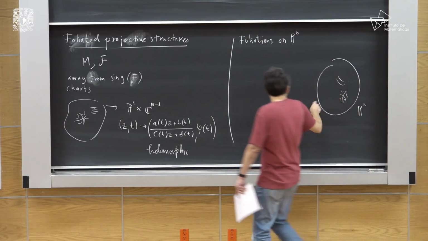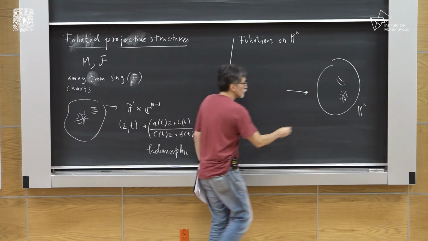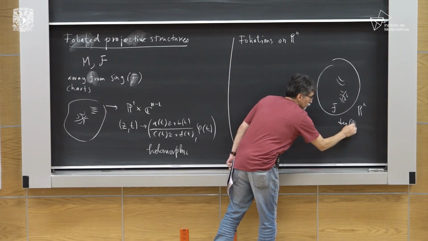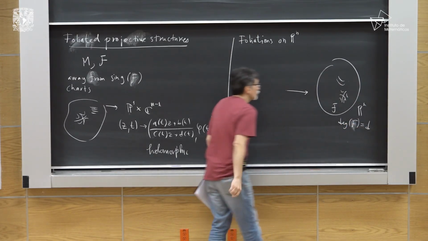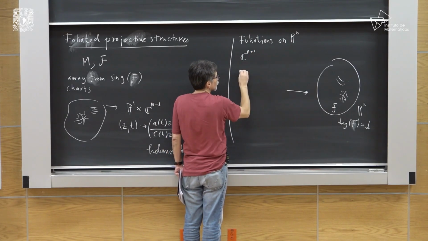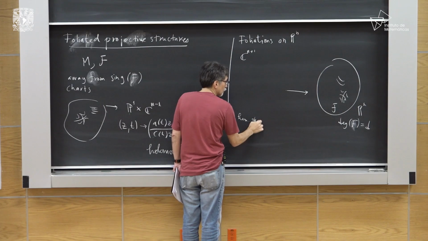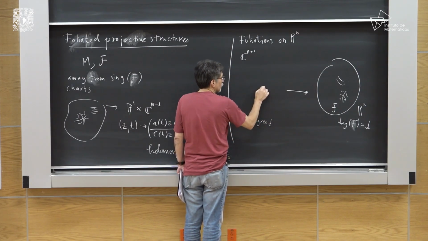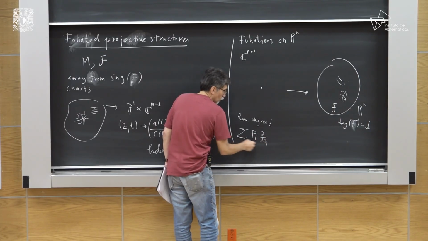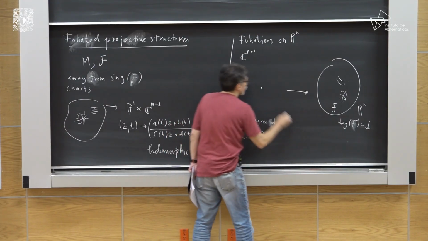And in fact, it's not difficult to see that a foliation of Pn of degree d comes actually from a vector field in C^(n+1), a vector field homogeneous of degree d, so given by homogeneous polynomials of degree d, the degree of the foliation.